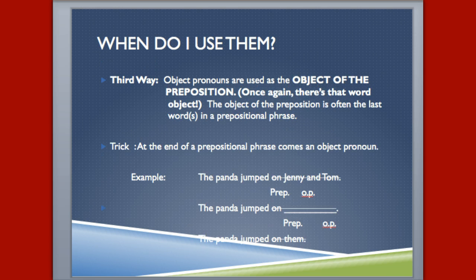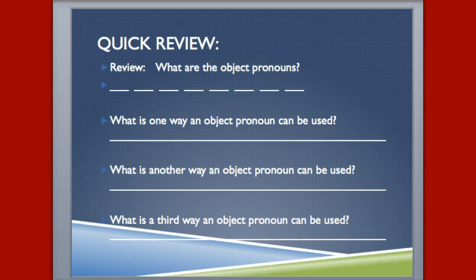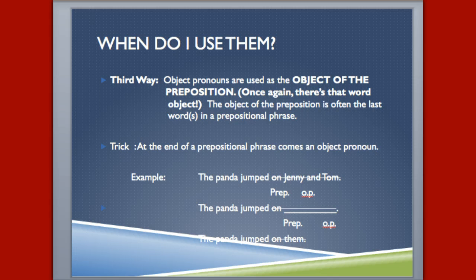Okay, let's move on to the third way, object of the preposition. Now, you've had prepositions like crazy this year and in past years, so you really ought to know those. Again, if you're struggling with identifying prepositions, go back to Blended Schools, go back to the practices, and learn the list. Listen to the song. Okay, whoops, jumped ahead there, sorry about that.